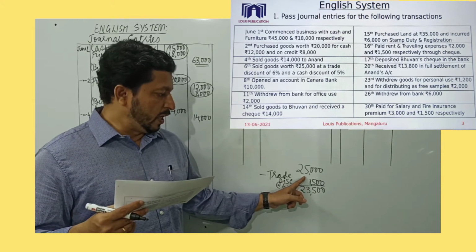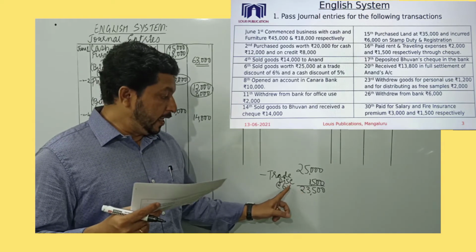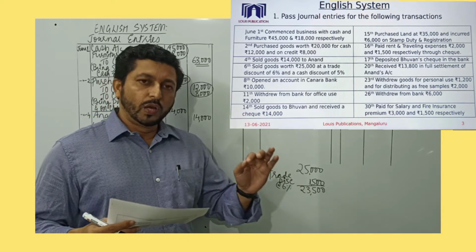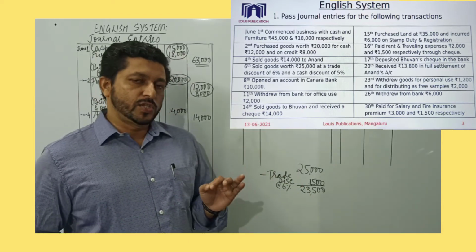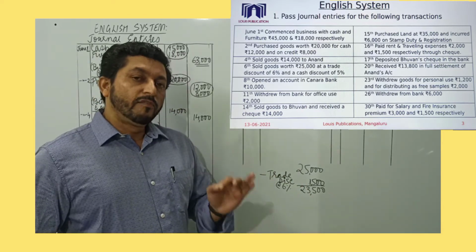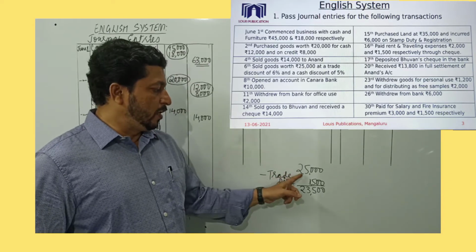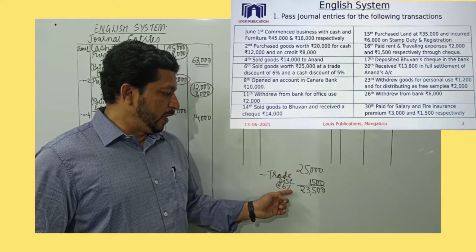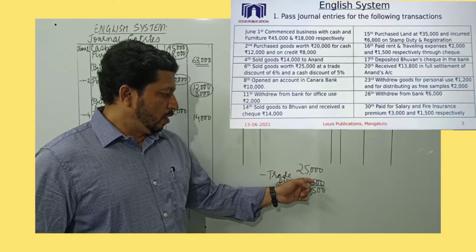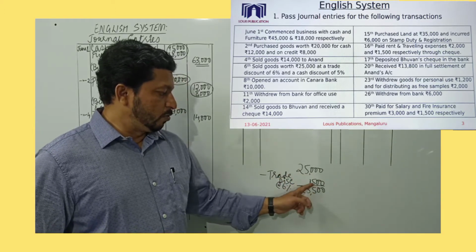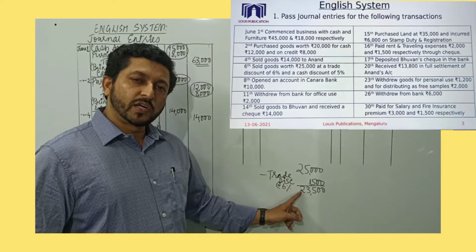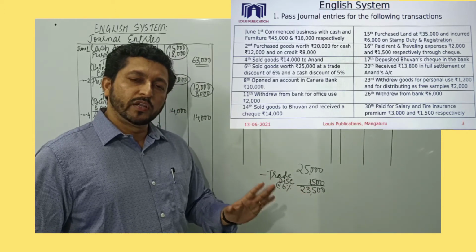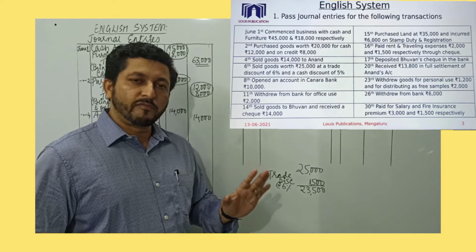Sold goods worth rupees 25,000 at a trade discount of 6%. Always when trade discount and cash discount are given in the transaction, first deduct a trade discount from the sale value or the purchases value. So from 25,000 we deduct 6%. So 1% is 250, 6% would be 1,500. So the actual transaction value that will be recorded in the books is only 23,500.